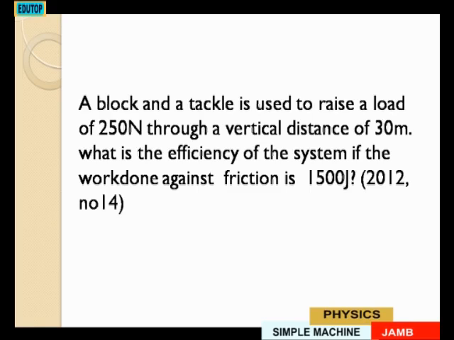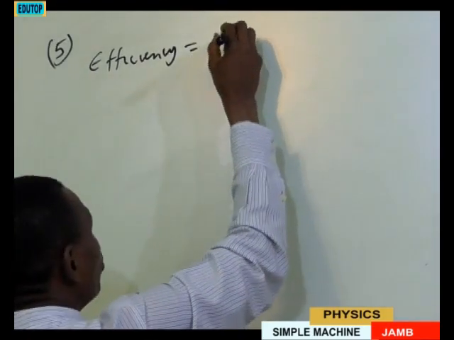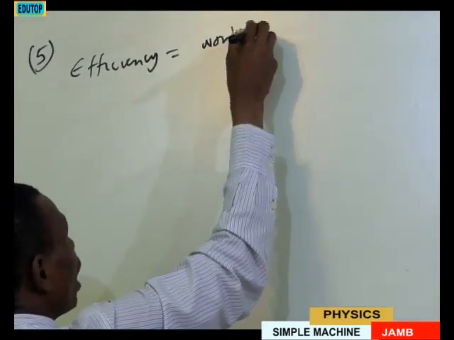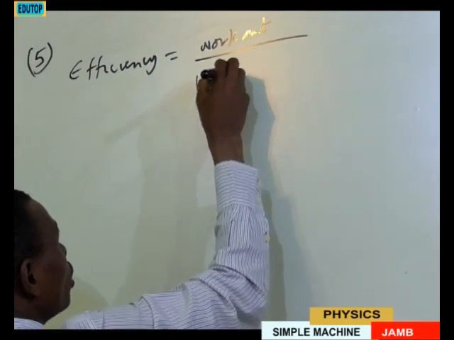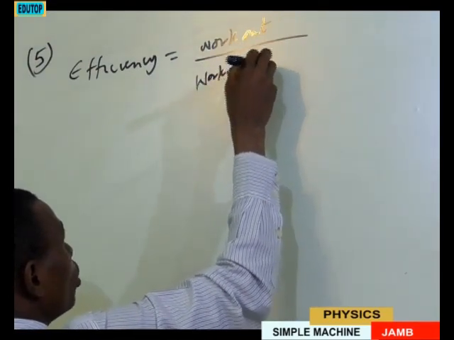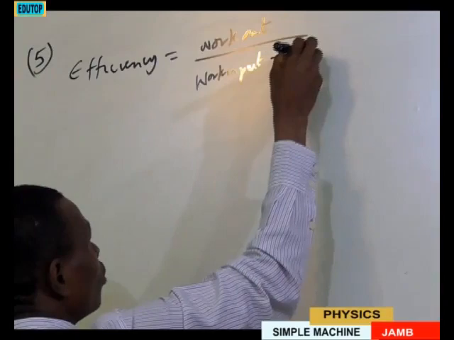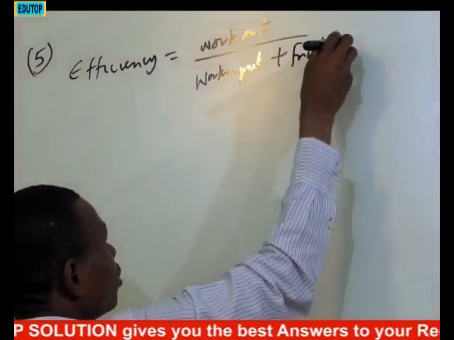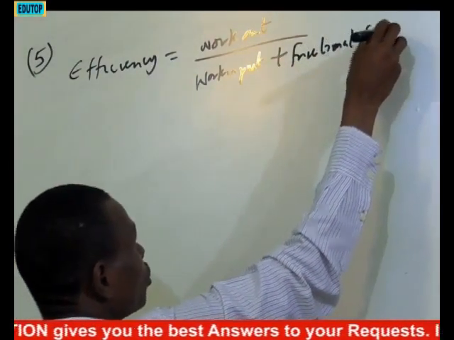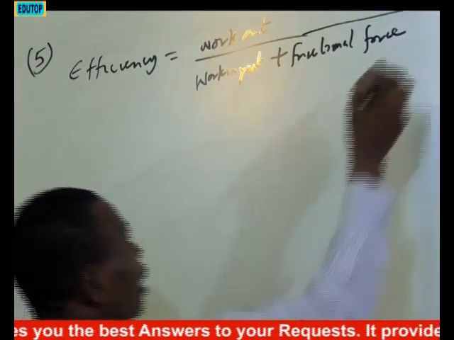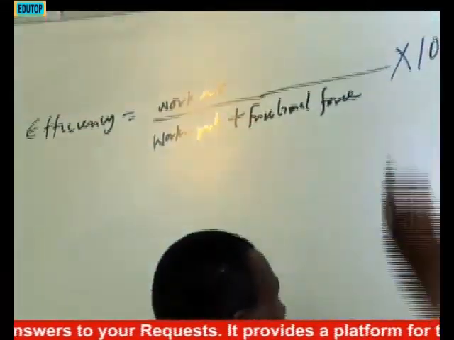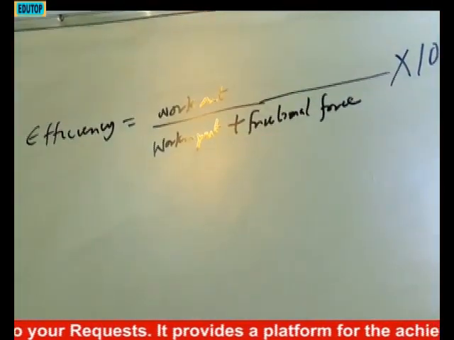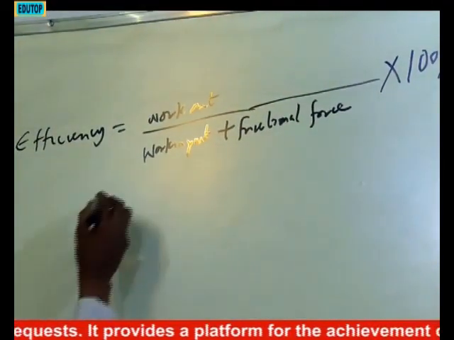The efficiency will be equal to work output all divided by work input plus frictional force, times 100%.